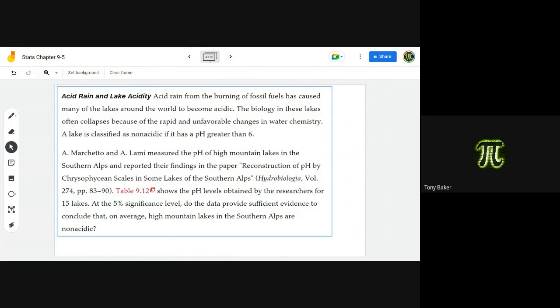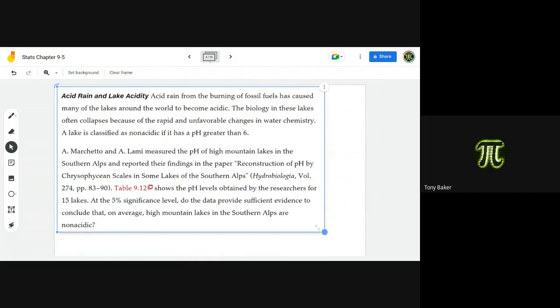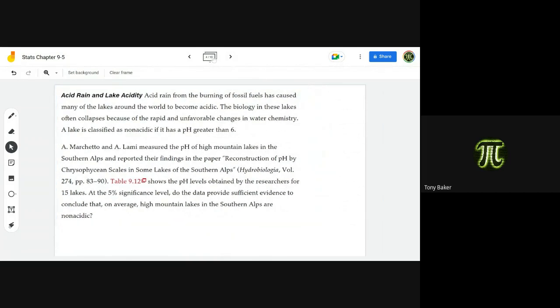So this one we're looking at acid rain. Based on this, what information do they give us?